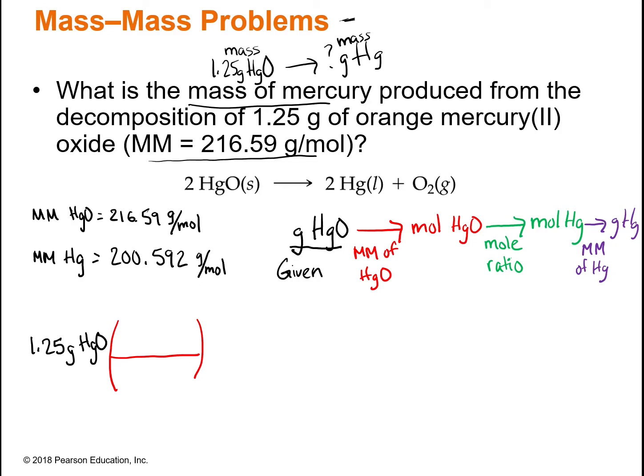If we're looking to go from grams to moles, that means we need to have the moles in the top and the grams in the bottom. Make sure that when you're writing out your unit factors, you label everything. Because you've got 2 molar masses, you need to make sure that you're using the right one.